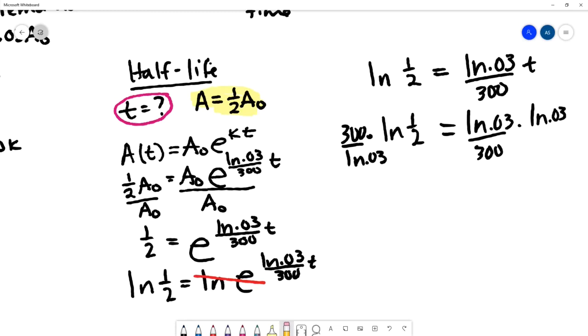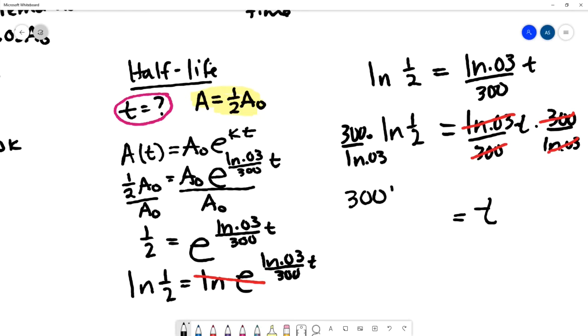The 300 cancels, natural log 0.03 cancels, and we're left with t. So we have 300 natural log 1/2 over natural log 0.03 as our time.